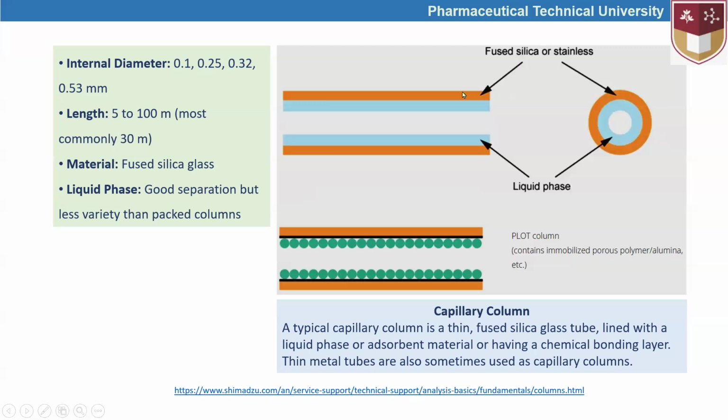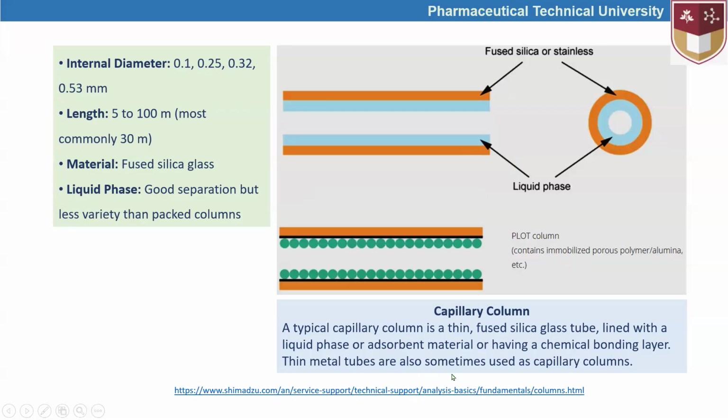Here we can see this is a fused silica or stainless material, and inside we can see the liquid phase. And a PLOT column contains immobilized porous polymer, alumina, etc. A typical capillary column is a thin fused silica glass tube lined with a liquid phase or adsorbent material or having a chemical bonding layer.